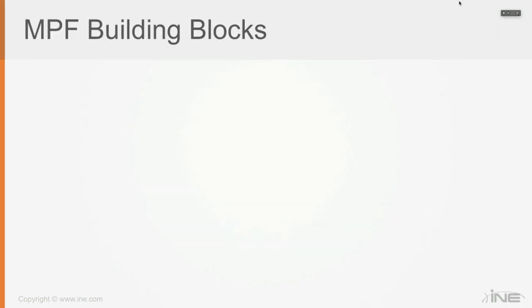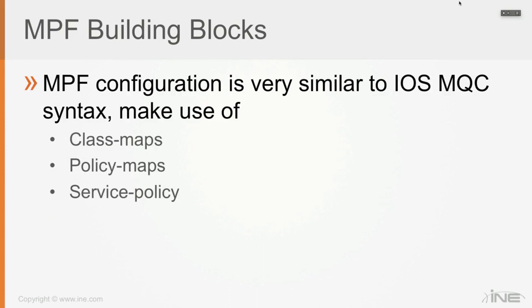Now, the building blocks configuration-wise: MPF is very similar to IOS MQC syntax, very similar to the IOS zone-based policy firewall, for example. Likewise, it makes use of class maps, policy maps, and service policy. Those are the three objects we're going to be using to configure pretty much all of our MPF policies.